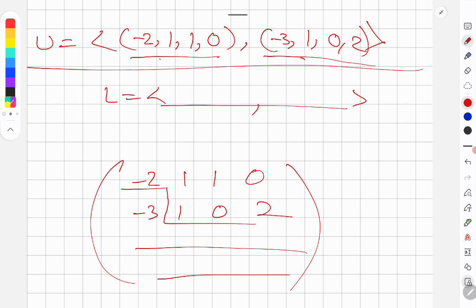If I divide, okay, R1 plus R2, what will happen if I do this? This will be 0, minus 3.